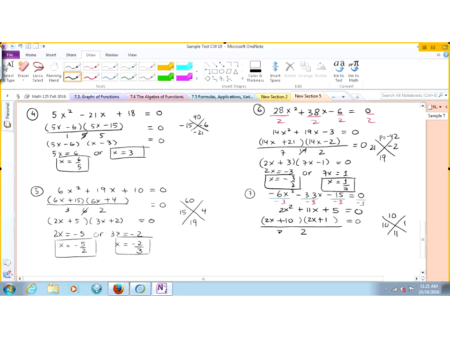What am I going to do with my 2? So 2 times 1. So x plus 5 times 2x plus 1 is 0. So x is negative 5, or 2x is negative 1.